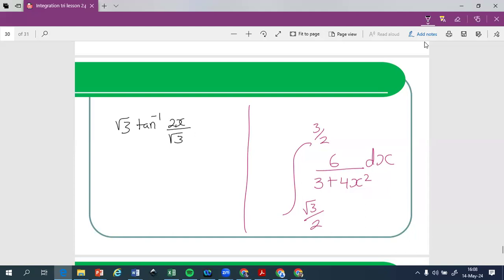In fact, I want you to prove that your answer is going to be pi root of 3 out of 12.